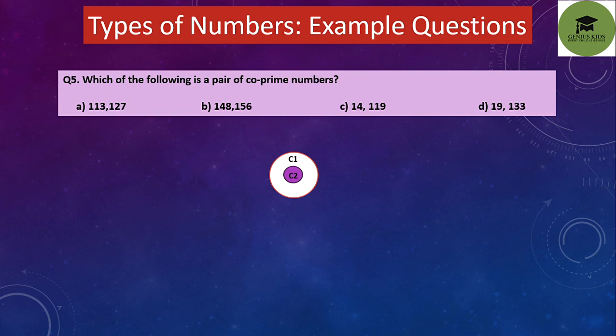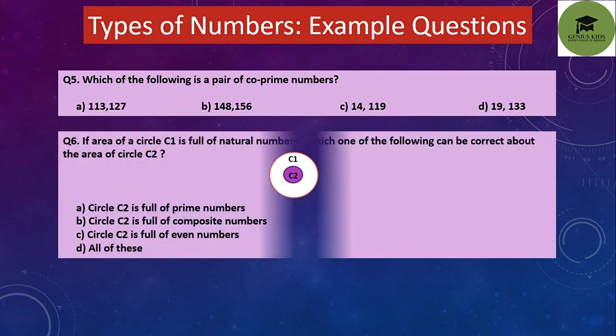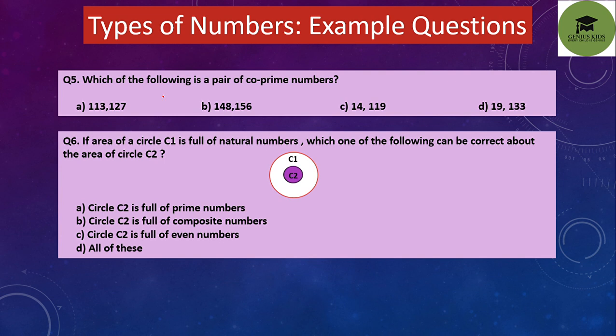Which of the following is a pair of co-prime numbers? Which of these is a co-prime pair? This one, 14 19, 19 133. What is our rule? Co-prime numbers have only one common factor.